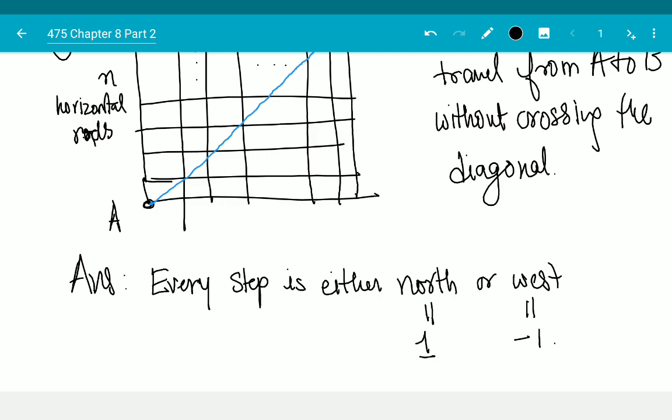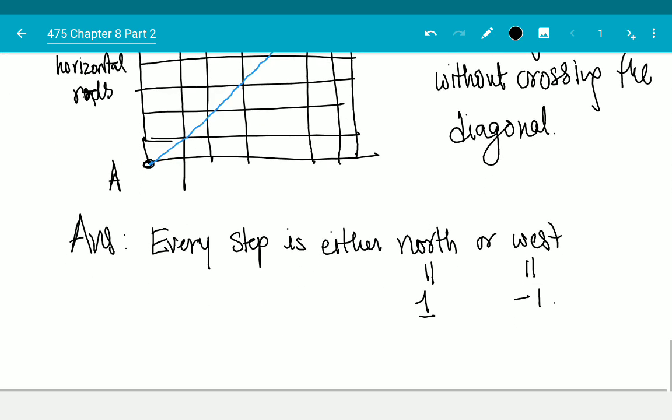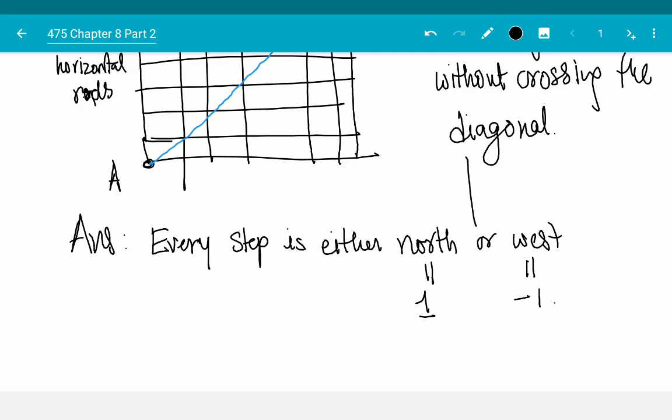So I am not allowed to cross the diagonal, but I am allowed to touch the diagonal. So I am allowed something like this or something like this. Something like this is not okay.